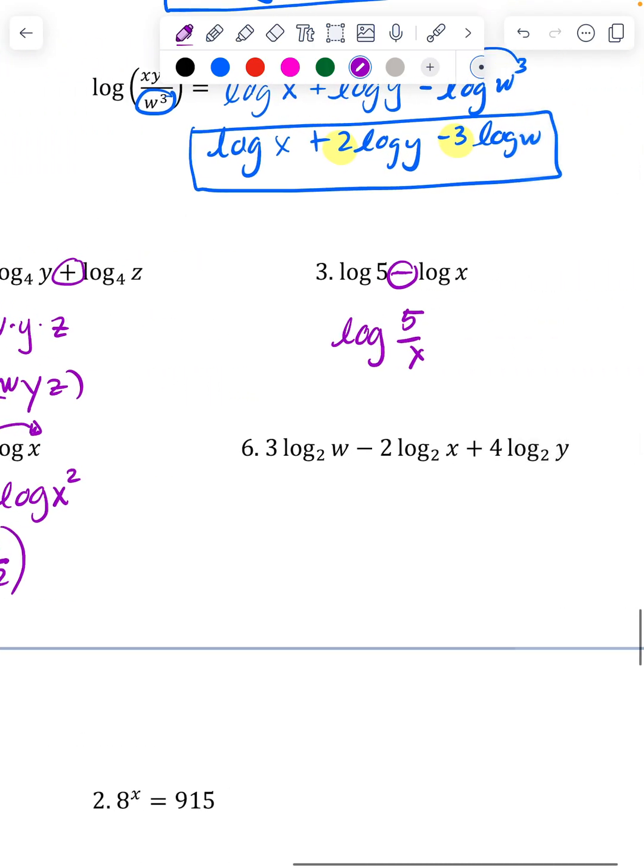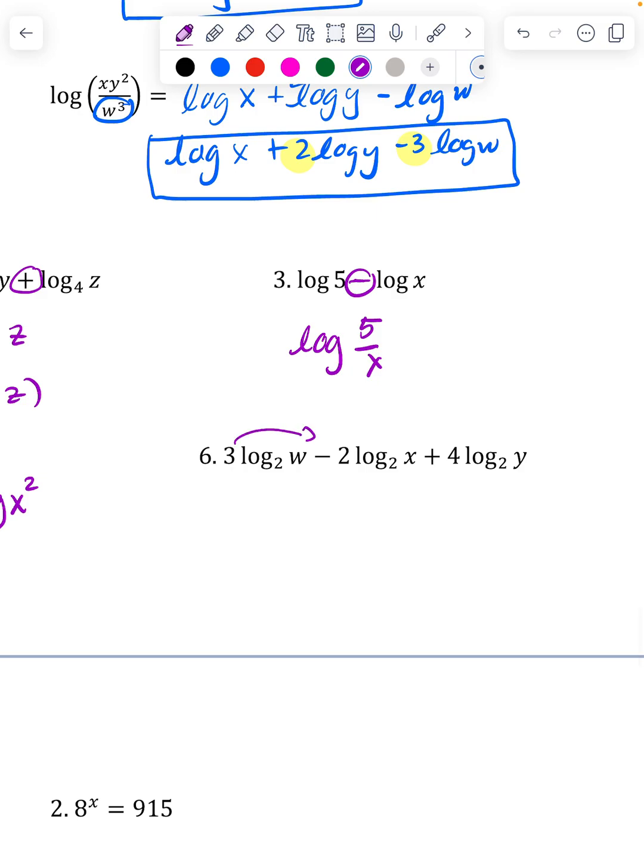Here I have numbers again. So these all have to move up. And so this becomes log base 2 of w to the third minus log base 2 of x to the second for moving that up, plus log base 2 of y to the fourth for moving that number in front up. Now it's just log, log, log.